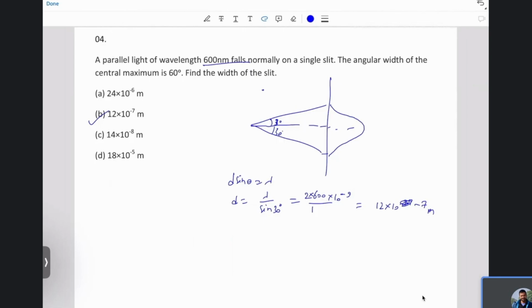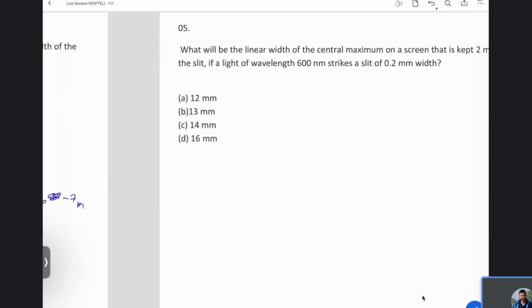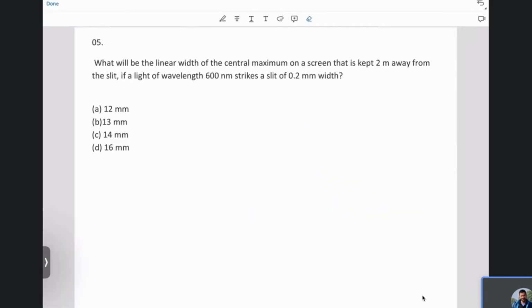Now, fifth problem. What will be the linear width of the central maxima on a screen that is kept 2 meters away from the slit if a light of wavelength 600 nanometer strikes a slit of 0.2 millimeter width? Okay, so as we know, the linear width is given as 2 lambda D by d, right?